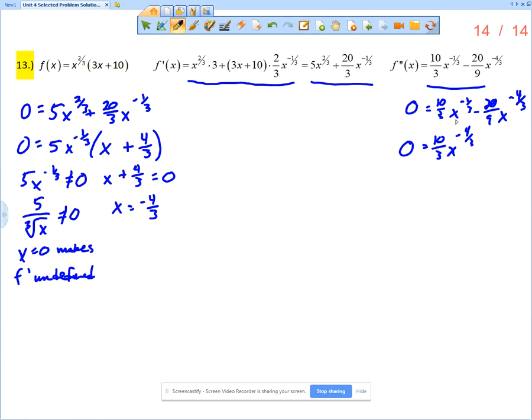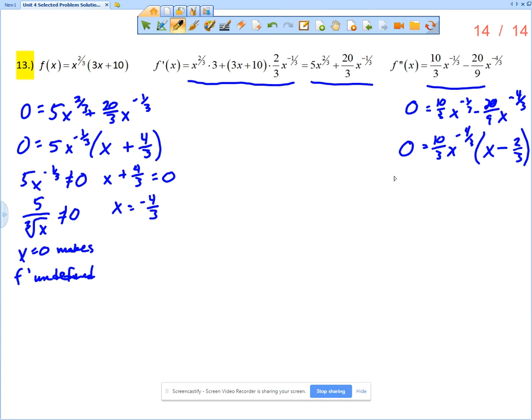Which means I have x to the first remaining, because negative 4/3 plus 1 is negative 1/3. Then minus, I took out 10/3 from 20/9, so I have 2/3 remaining, because 10/3 times 2/3 is 20/9.